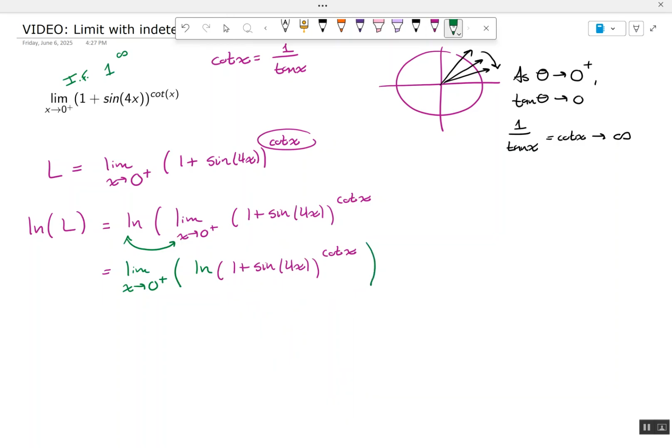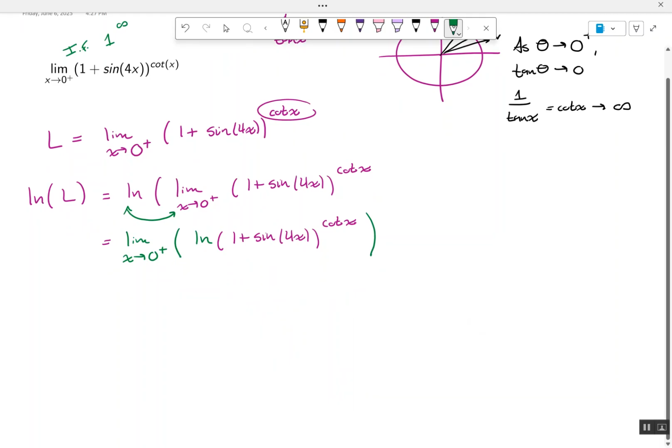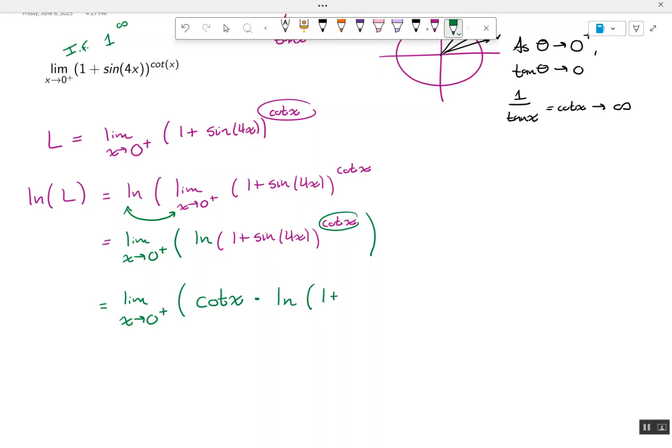So now we can bring that cotangent down, times natural log of this.